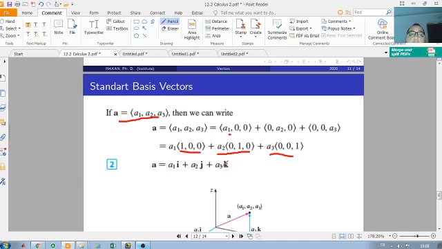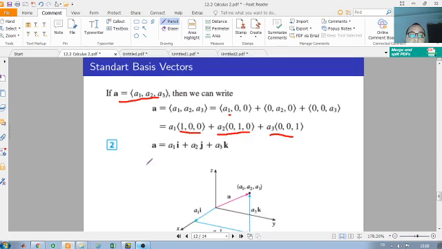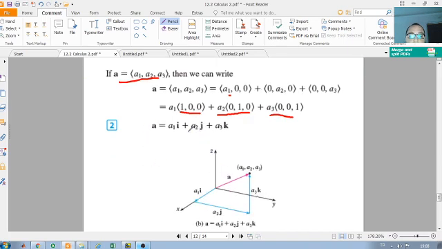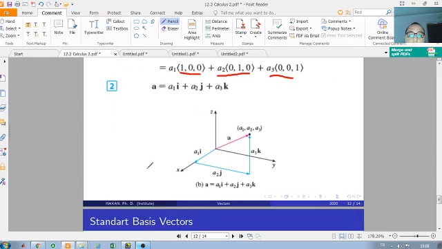the vector k. So every vector A in the three-dimensional coordinate system is a linear combination of the vectors i, j, and k. Every vector can be represented by using these standard basis vectors. Therefore, they are important.